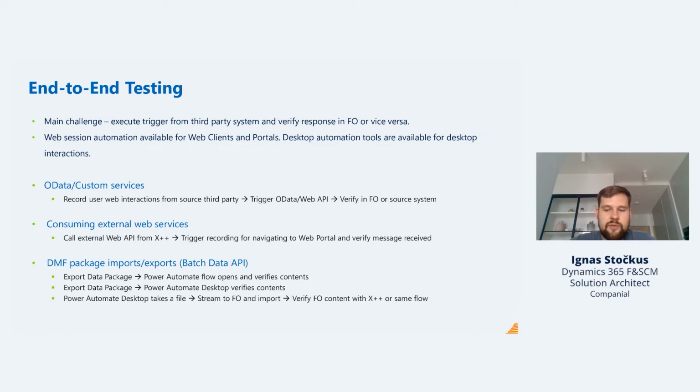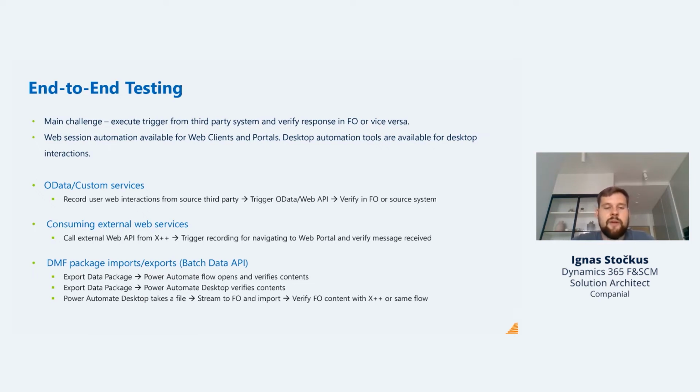Both of these could be used to automate a workflow within your desktop. So for example, if you have some expense management system that the users sign in to, you can automate the sign-in and checking of the data in that expense management system. Or maybe if the expense management system produces a file, you can open that file with Power Automate Desktop, and you can verify the contents.